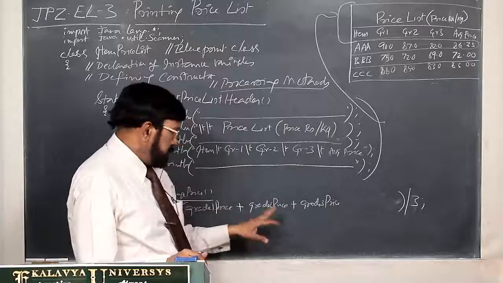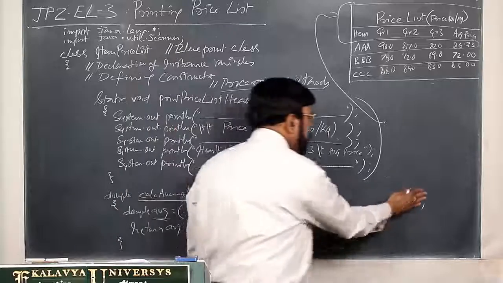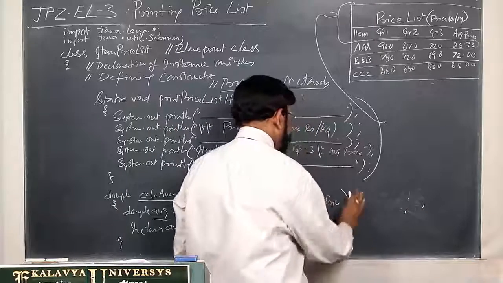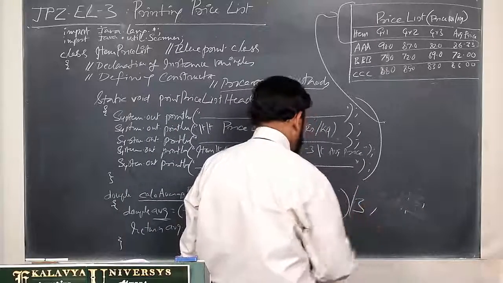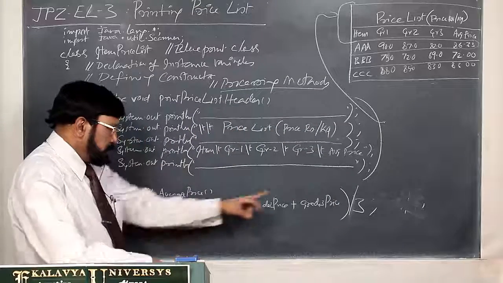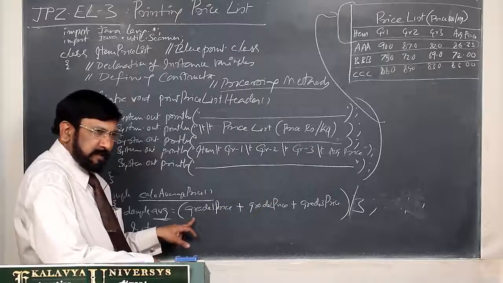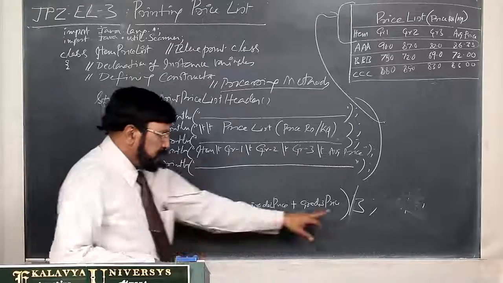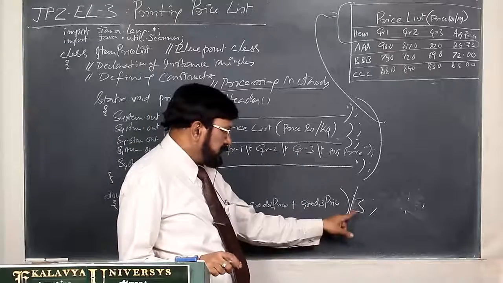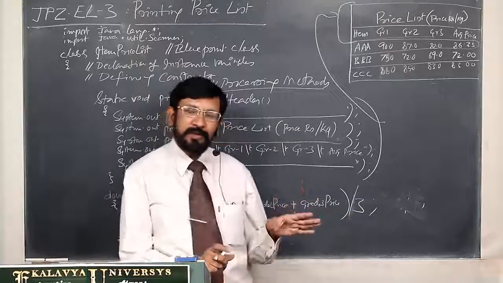The sum by 3 you have to write. If you don't write them in parentheses, then because of operator precedence, the 3 is applicable to grade 3 only.